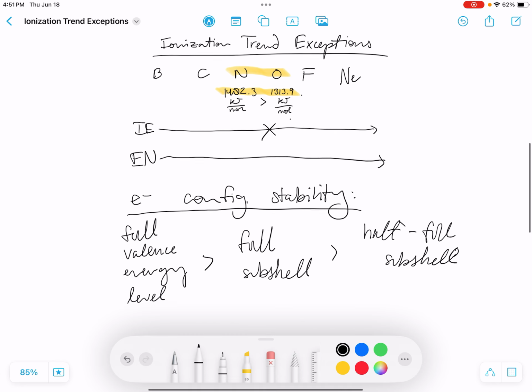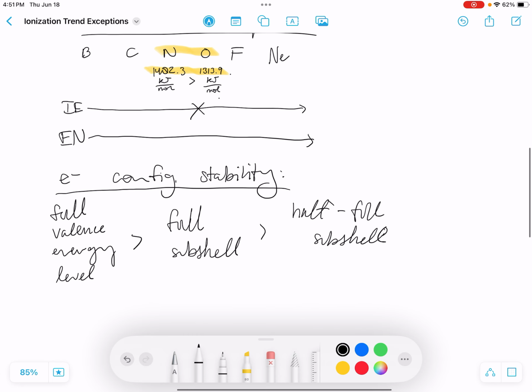Now, the reason a half full subshell is more stable than a random configuration that isn't one of these three is because of quantum effects that are kind of outside the scope of general chemistry. But to summarize, it comes down to the fact that it's symmetric, and because it has a lot of exchange energy.